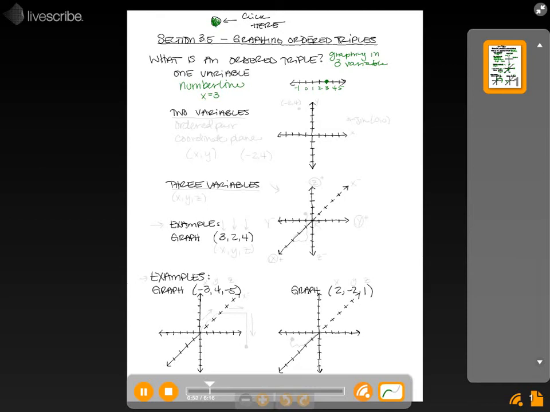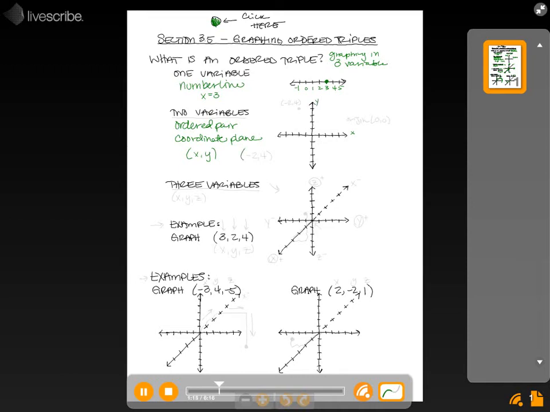In 2 variables, this is what we would use an ordered pair for, and we graph that on a coordinate plane. Now remember, an ordered pair is x, y. Your x-axis is the one that goes horizontal, and your y-axis is the one that goes vertically.